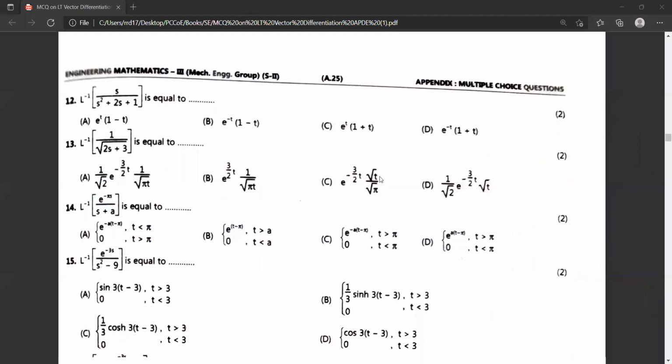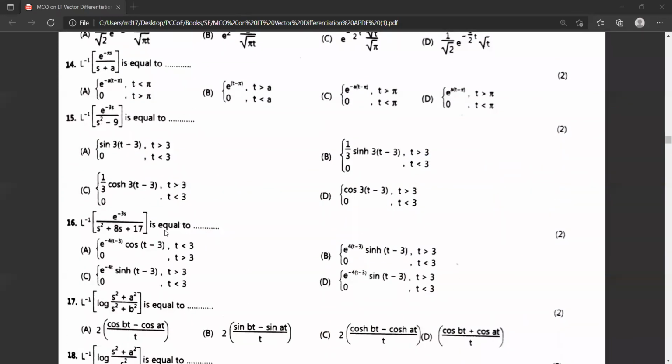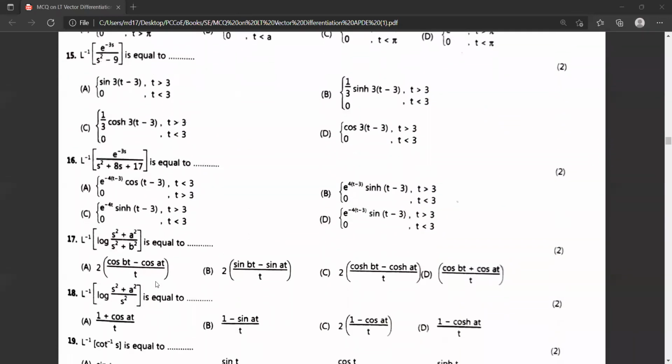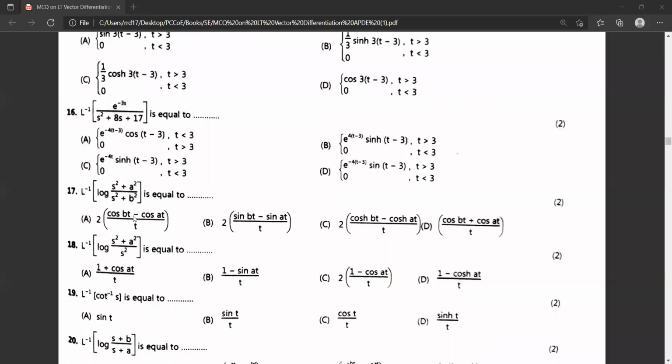Okay. ठीक है. So these are exactly same type of questions, so I'm not going to take them. All right. Now how do you solve this one?